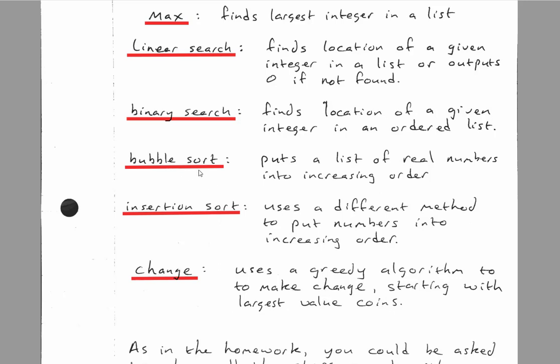You have the bubble sort and the insertion sort, so 2 different methods. The bubble sort has the advantage of being very simple, at least, but not very efficient. Insertion sort is slightly more efficient, but more complicated.